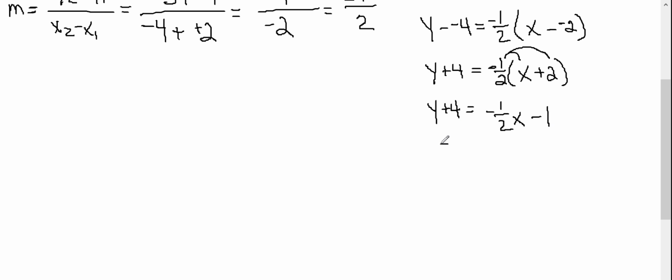Now I subtract 4 from both sides, and I get y equals negative 1 over 2x minus 5.